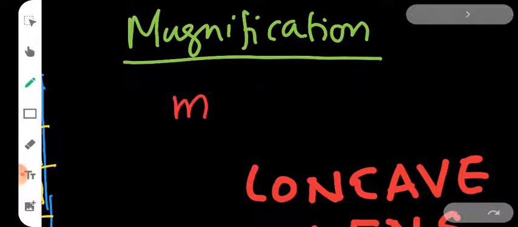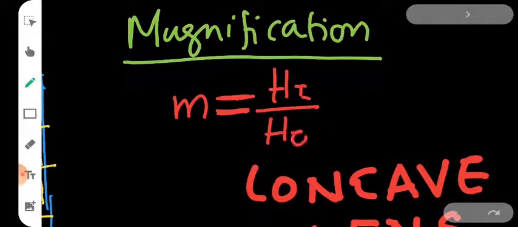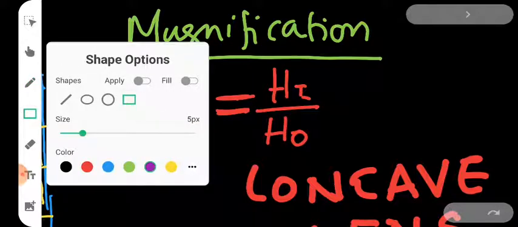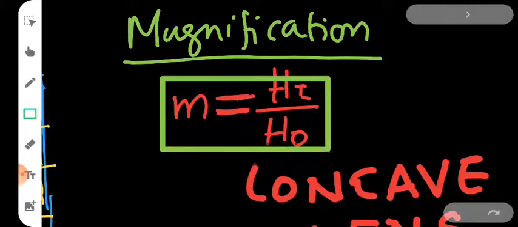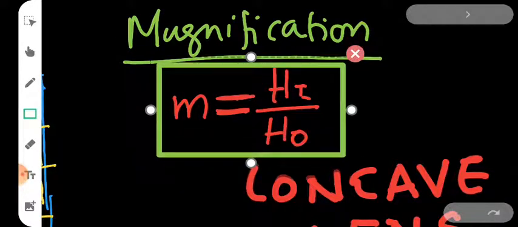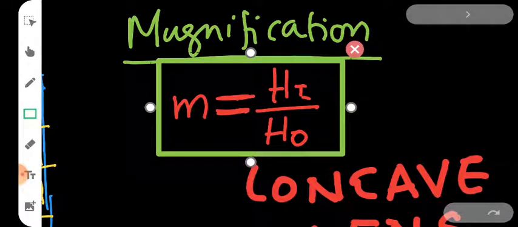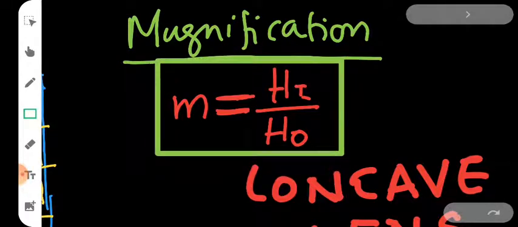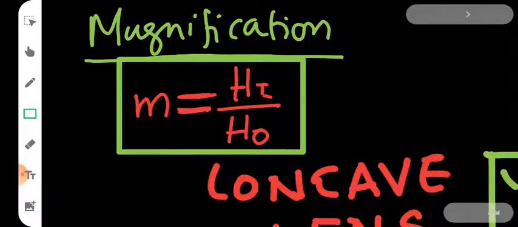Magnification of lenses, M, is defined as the ratio of the height of the image to the height of the object. So there you have one equation for the magnification, and this is the definition. See, height is just a one-dimensional scenario.